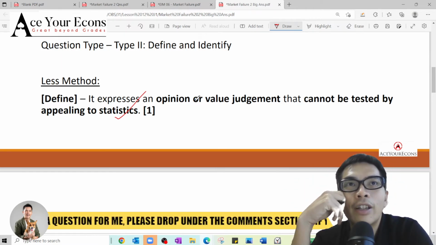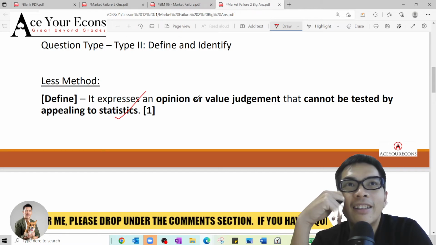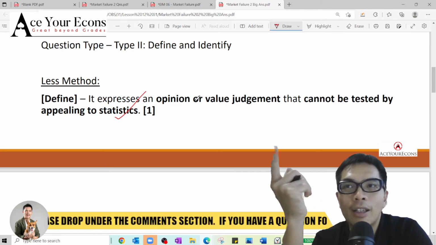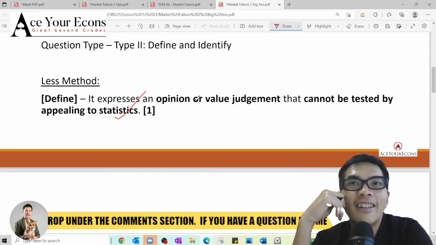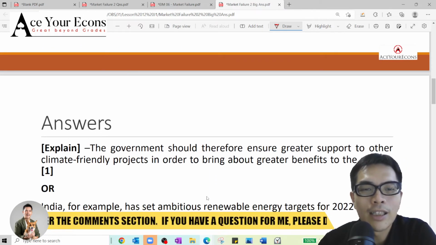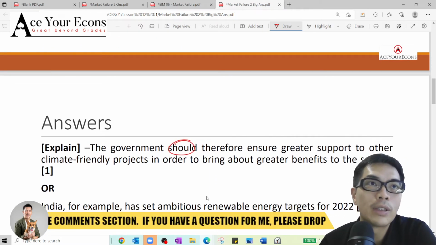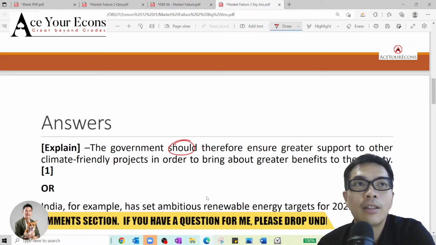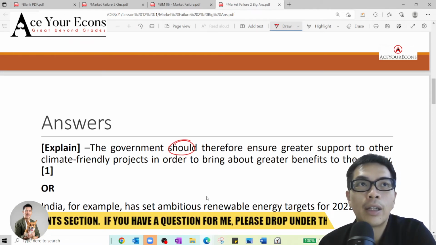What's the key phrase that we're looking out for? Which is the S word that suggests it is a normative statement? Good, Jiaming. You should be looking out for keywords such as "should". Should suggests a suggestion, and a suggestion is likely to be subjective.